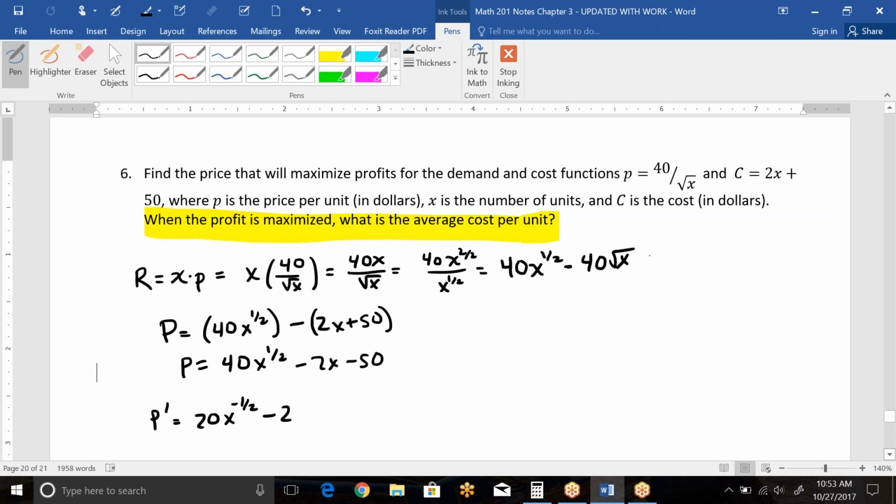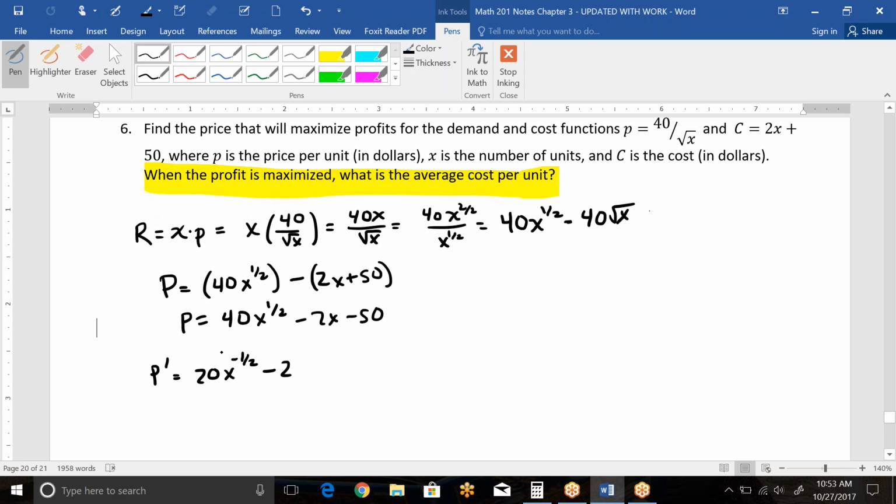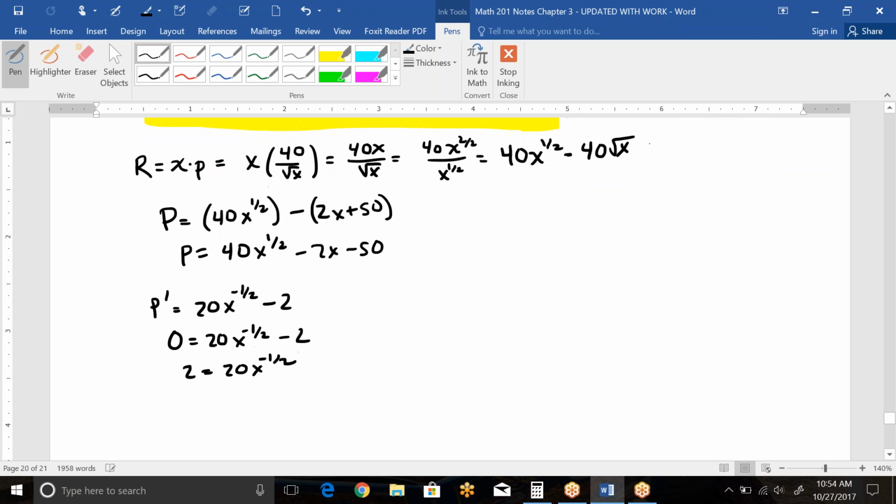If we want to find our max profit critical value of the units, we'll set this equal to 0 and solve. So I would add 2, divide by 20. So that's 1 over 10. This is the x to the negative 1/2, so I'm actually going to flip it, make it 1 over x to the 1/2.